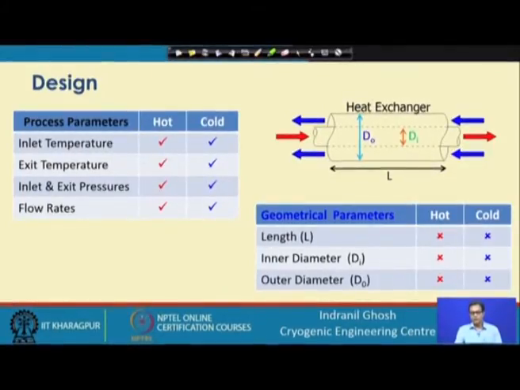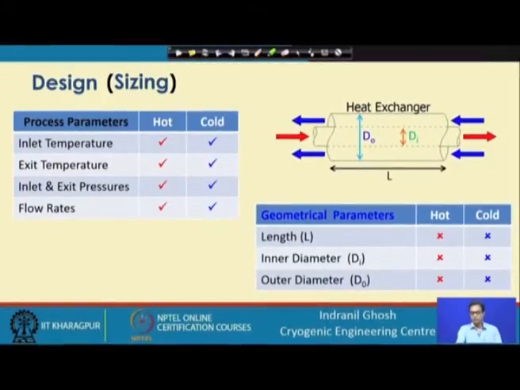So, in this counter current heat exchanger, we are basically trying to find out the different dimensions of the heat exchanger, and we often call it the sizing problem or the design problem. Because it is related to the size of the heat exchanger, we call it sizing.